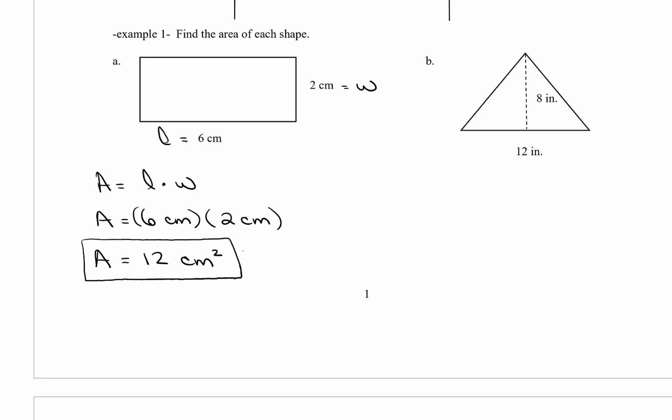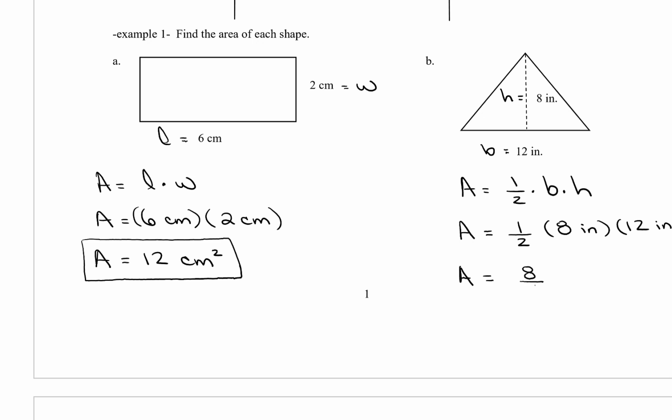For B, we have a triangle where the height is equal to 8 inches and the base is equal to 12 inches. The area formula for a triangle is A is equal to 1/2 times B times H. So that's going to be area is equal to 1/2 times 8 inches times 12 inches.